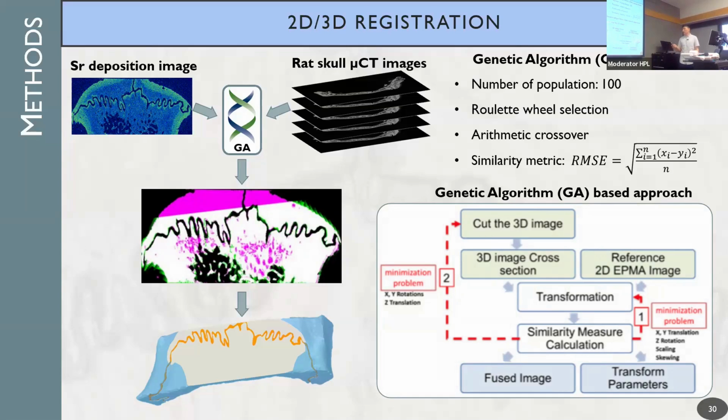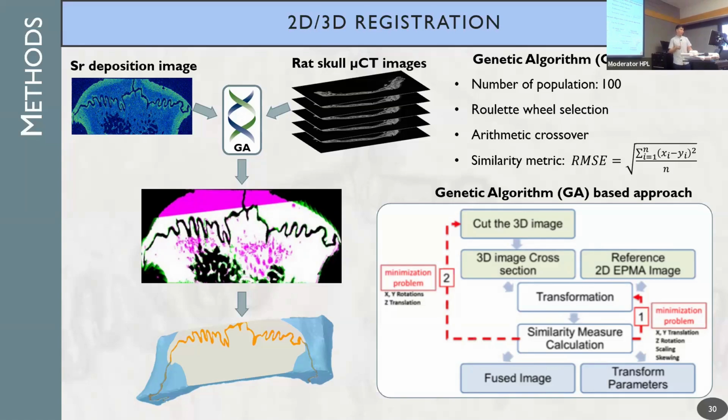So it consists of two different loops. In the outer loop, using the genetic algorithm, it's minimizing the error while we are changing X, Y rotation and Z translation. And in the inner loop, it's minimizing the error, changing X, Y translation and Z rotation.